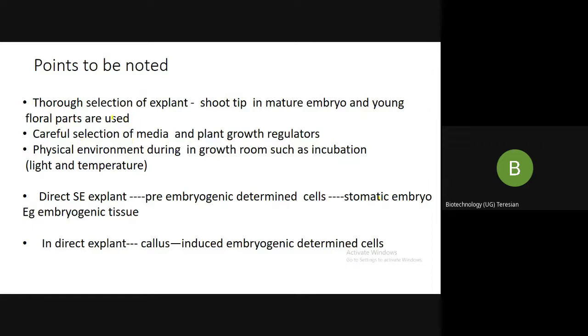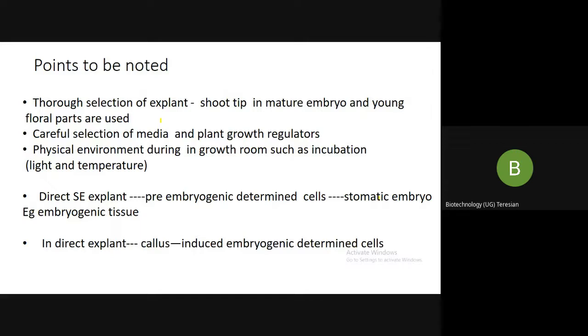You have to first screen the plants, and after screening select the explant, particularly the shoot tip, the mature embryo and the young floral parts are used. So this involves a series of processes for stimulation of somatic embryogenic cells. There is a series of processes that stimulates somatic embryogenesis, and transformation through germination into a complete plant.